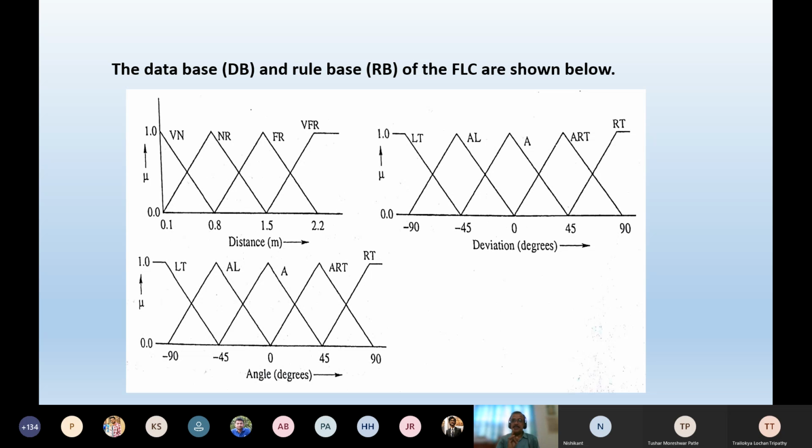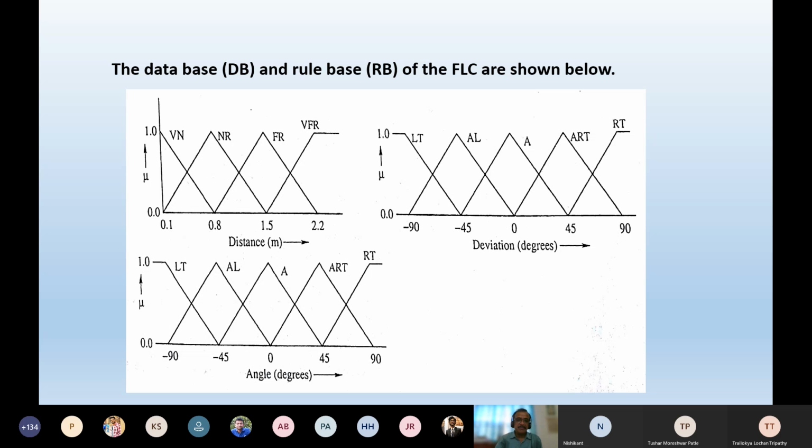That means I'm moving exactly in the ahead direction. And that is a crisp set. But what is the fuzzy set corresponding to ahead? That is nothing but this particular triangle, where the range will vary from minus 45 to plus 45.